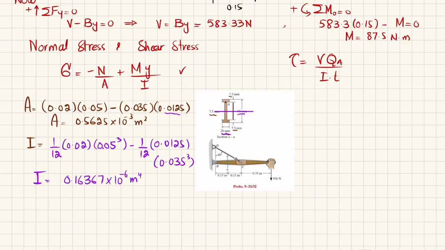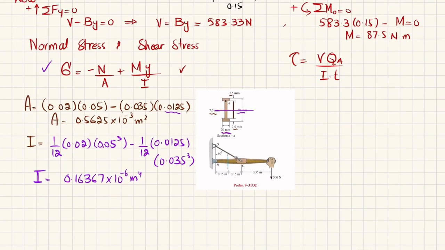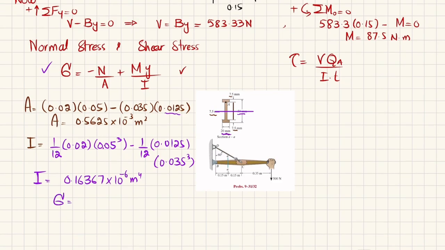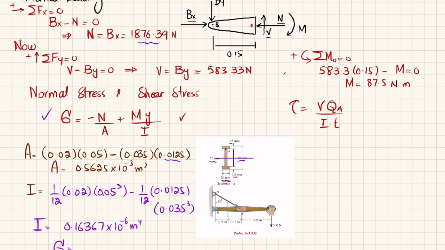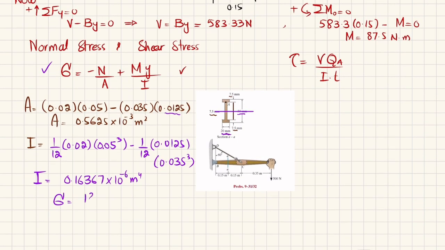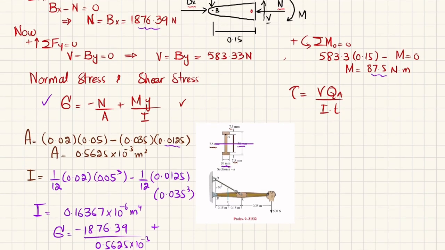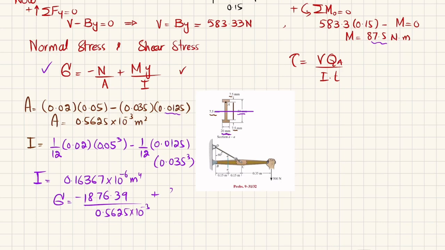Now you have both I and A, so you can just put it in this formula. So what we will get is sigma is equal to minus N, and N is equal to 1876.39, divided by area, which is 0.5625 into 10 raised to the power minus 3, plus moment, which is 87.5, into y.